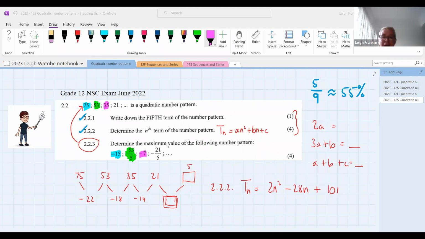So now, how does that affect what we have in 2.2.2? If our answers have been divided by -5, what am I doing to my nth term?